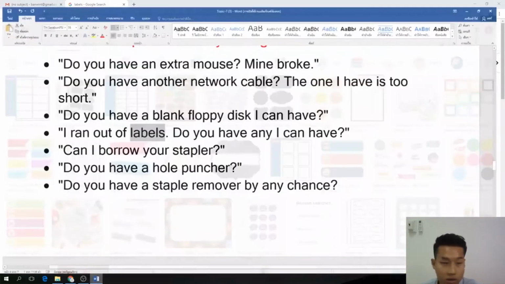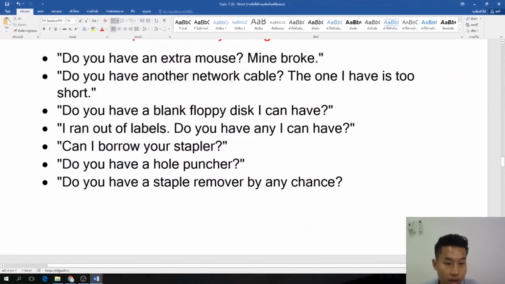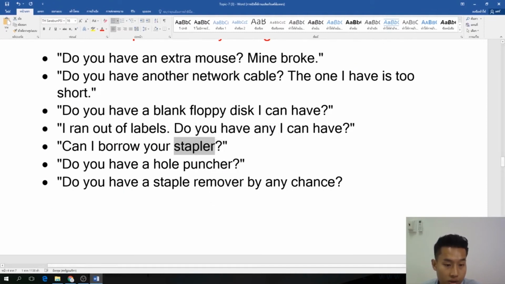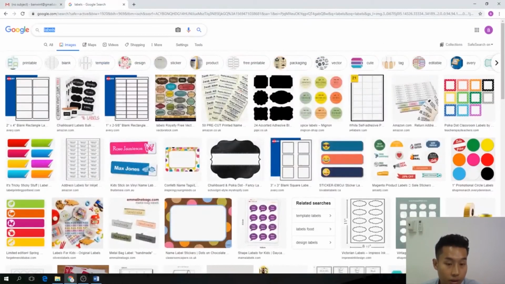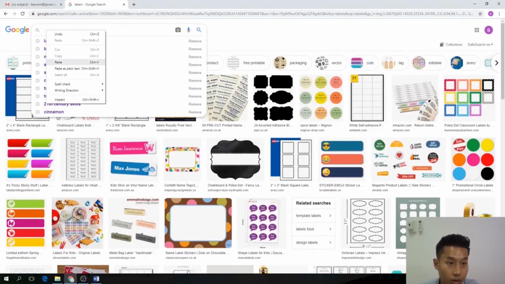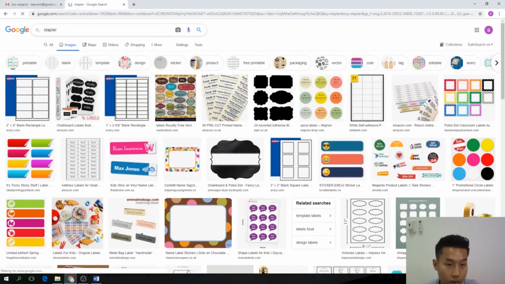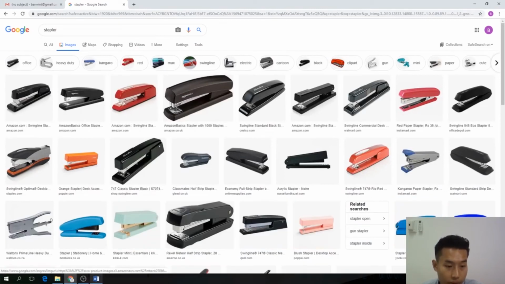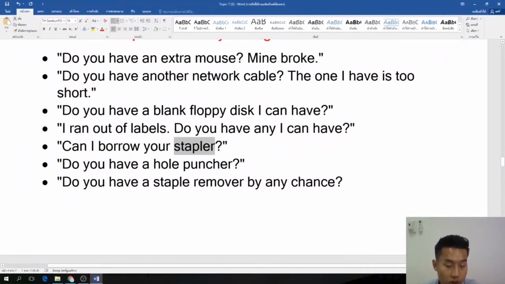I will continue with this one. Stapler. Okay, so you understand what stapler means. Now, stapler. And then hole puncher, we know already, staple remover.